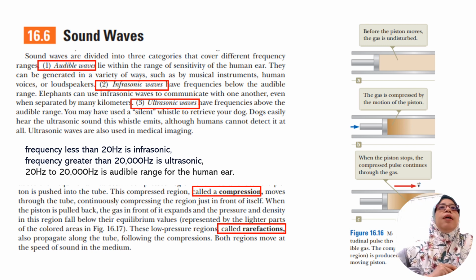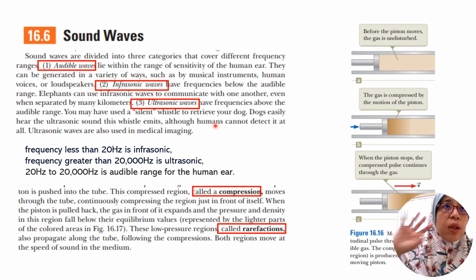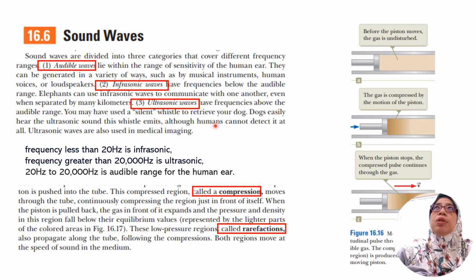Alright. So you find that here, it says silent whistle to retrieve your dogs. This actually makes use of ultrasonic sound. Humans cannot hear it. Malay is very, if you remember, badak sumbu.